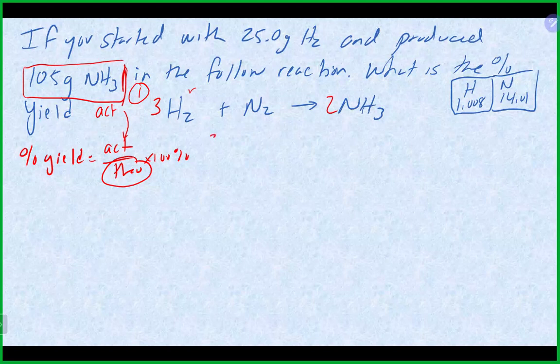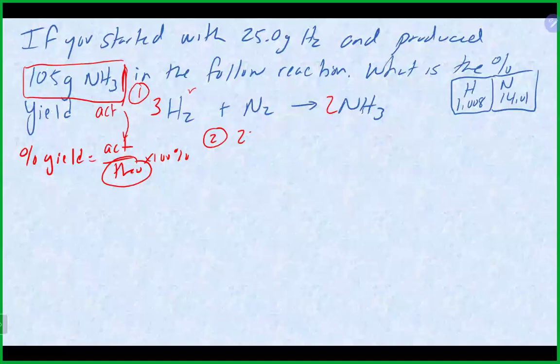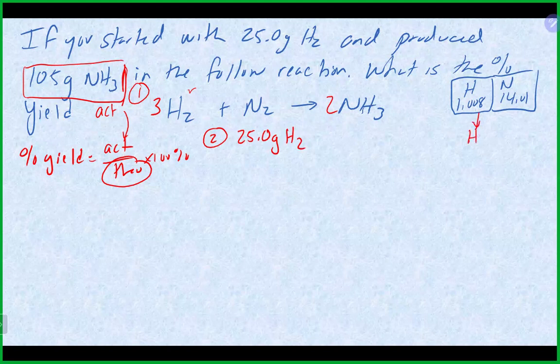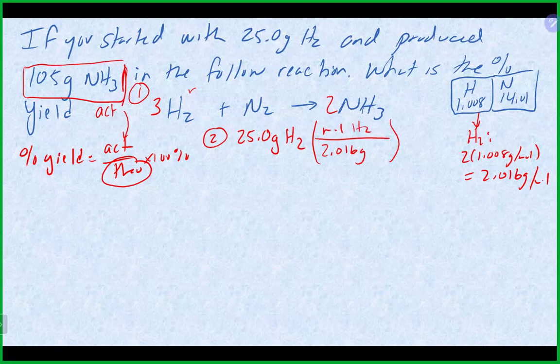Step number 2, we do need to do as well. We need to take the only piece of information given to us and convert it into moles. So we will need to go to the periodic table and get the molar mass of H2, which is 2 times 1.008 grams per mole, 2.016 grams per mole of H2.